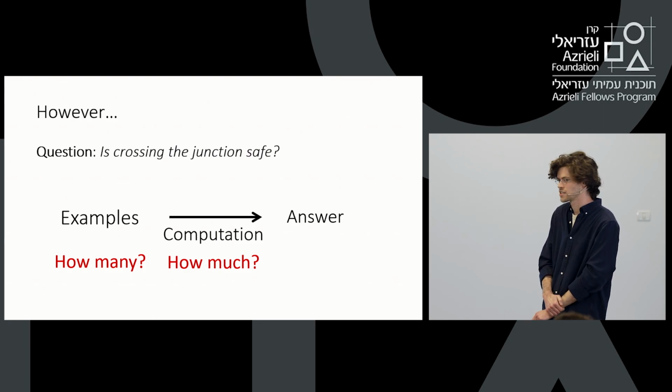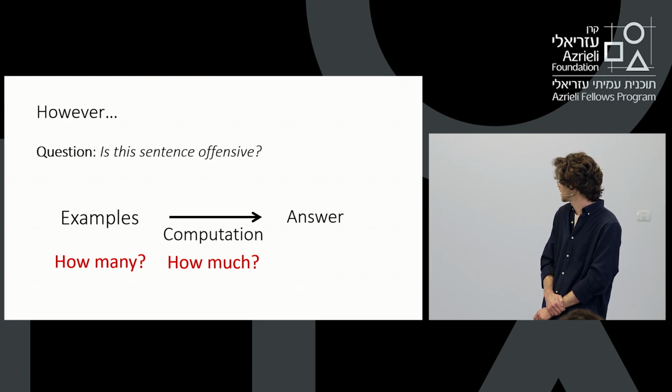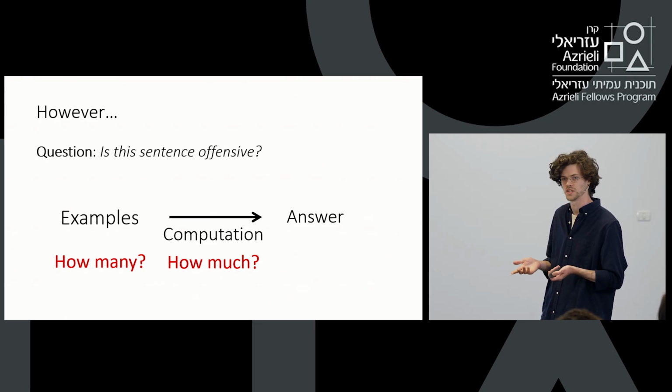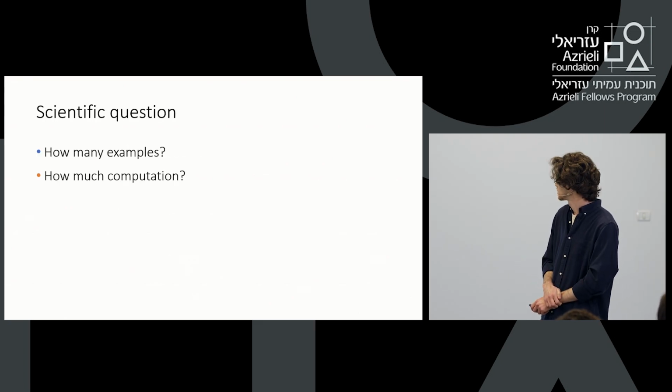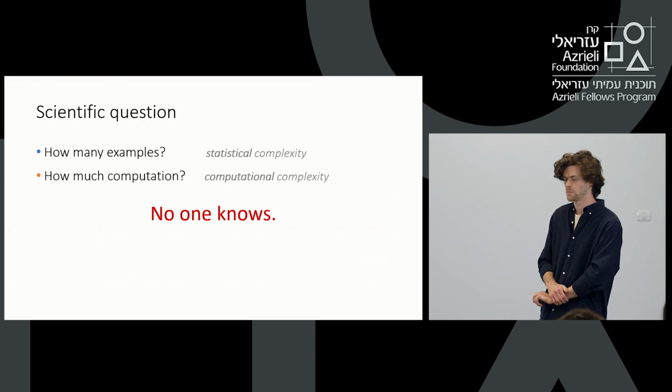Or is crossing a junction safe? Or in the context of chatbots, trying to understand whether a sentence is offensive. You need to understand how many examples you need and how much computation you need to spend. So there's a statistical aspect and a computational aspect. And quite amazingly, both are completely outside of the scope of current knowledge.